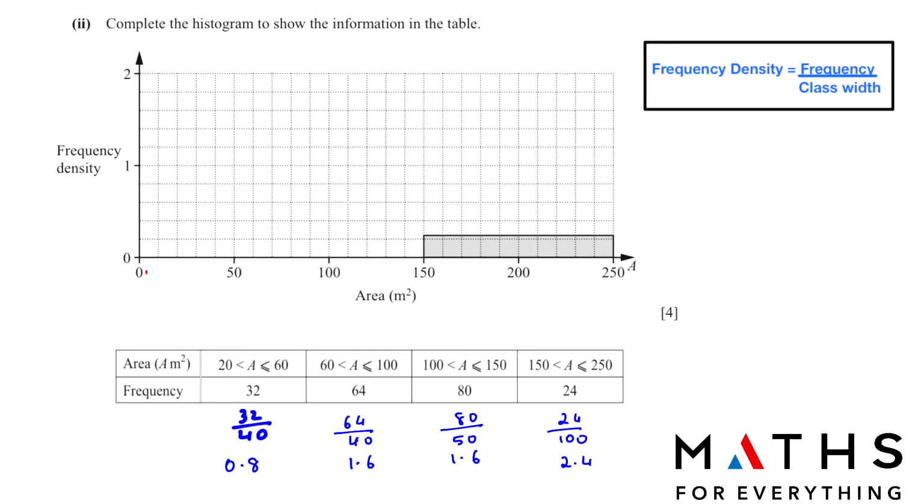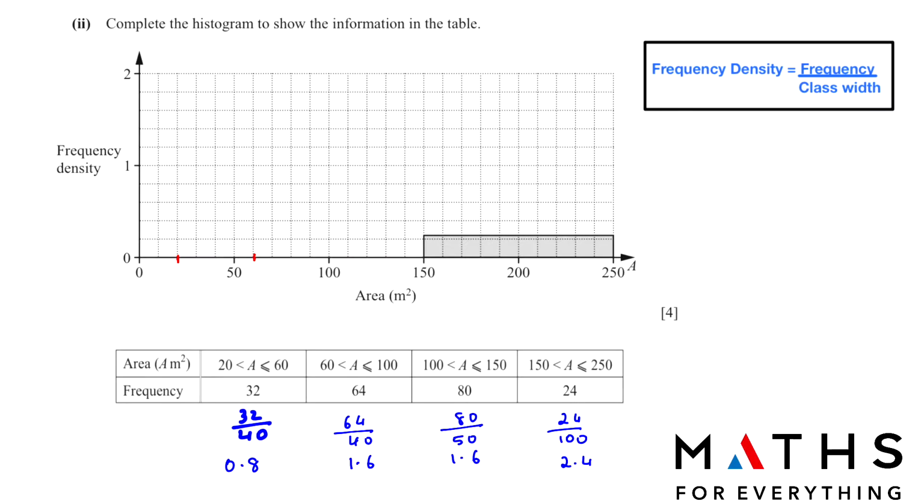0.8 is the first column from 20 till 60. On the horizontal axis, we have the first value given 0 and 50. So each grid will be 10, 20, 30, 40 and 50. We have to draw from 20 till 60. 20 is here and 60 is here.